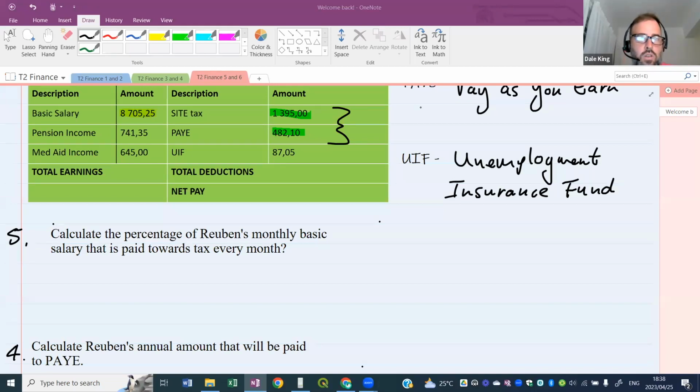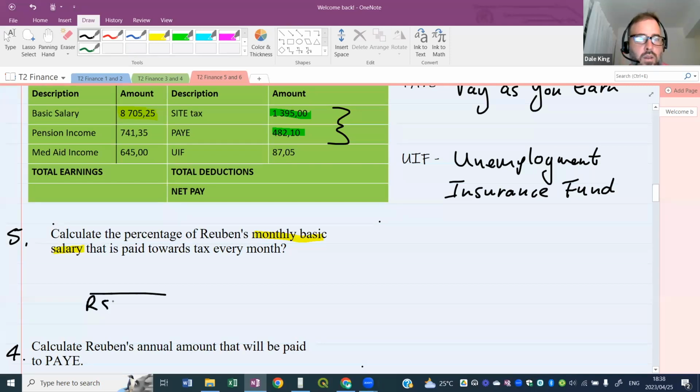Right, so let's have a look at how we do this one. We want to work out what percentage of Ruben's monthly salary is paid towards tax. So what percentage of the monthly basic salary, which is the one highlighted in yellow here, 8705.25. I need that as my total at the bottom.